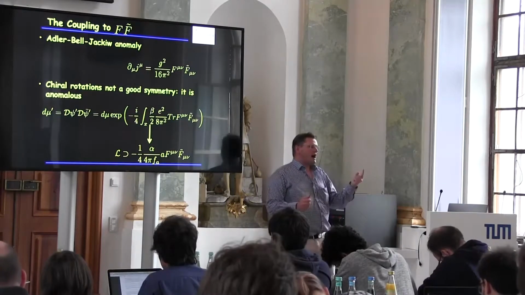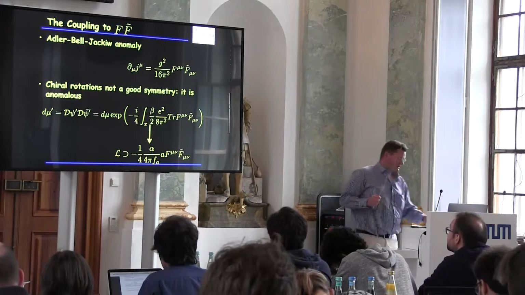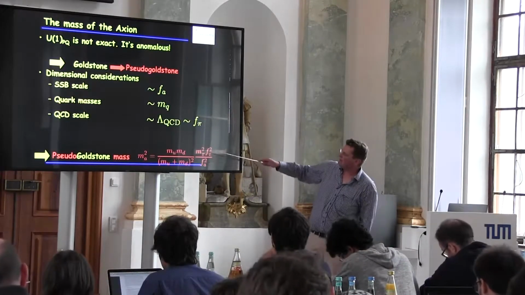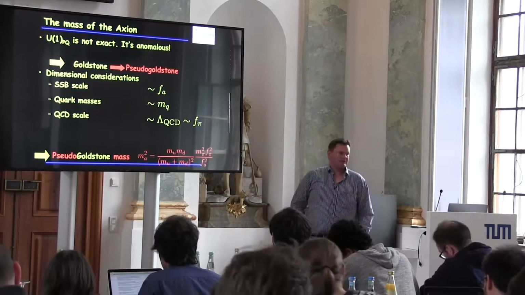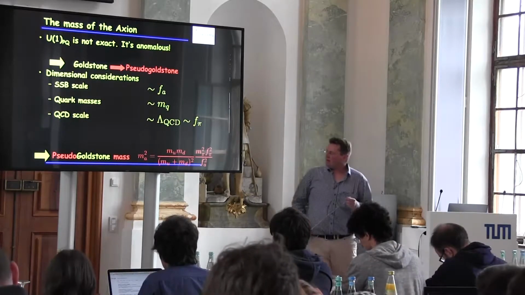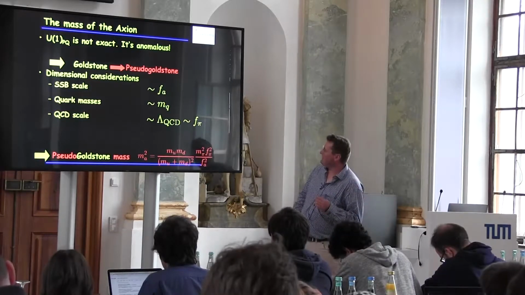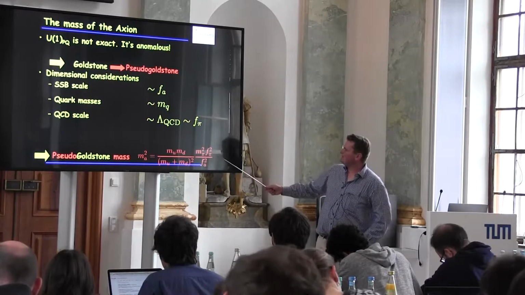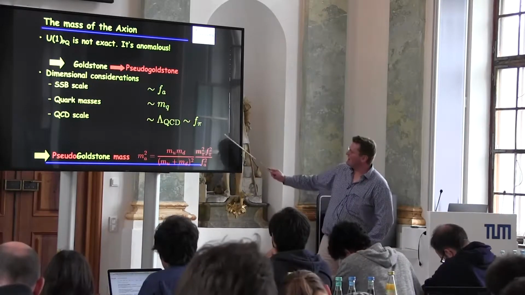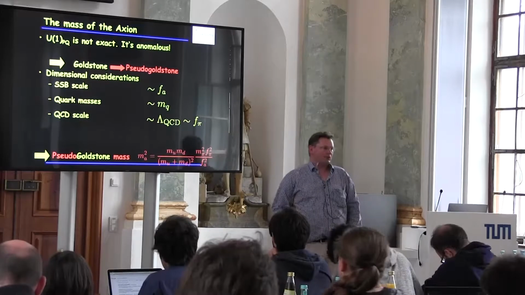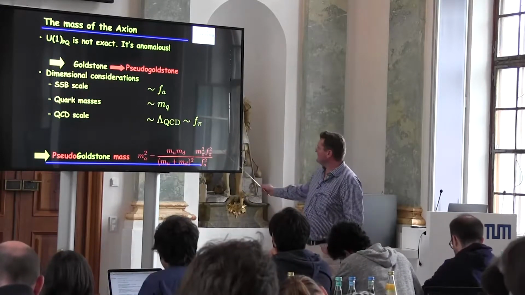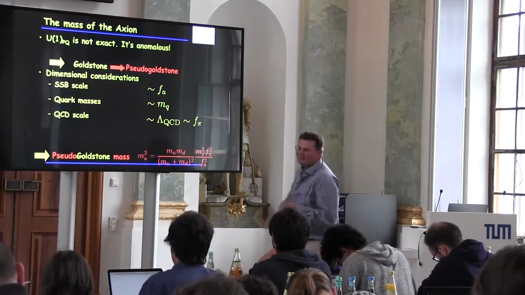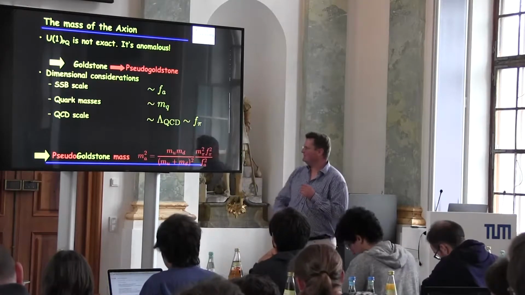So in a sense, the mass squared should be proportional to 1 over Fa squared. Now you can just go ahead and make the dimensions right. You take your QCD stuff, you take some m pi squared, f pi squared, and that's the rough estimate for the axion mass. Picking m pi and f pi is basically just picking the right QCD quantities.